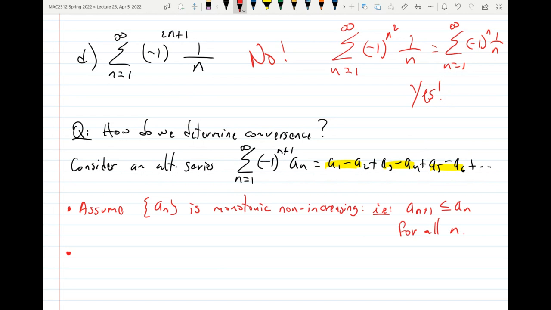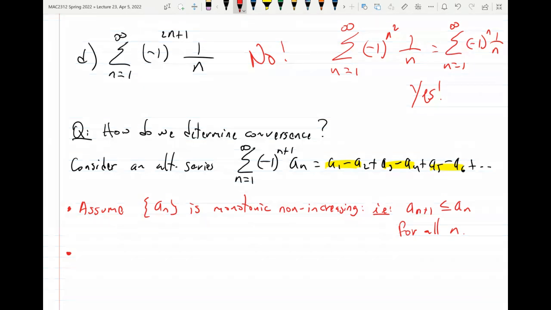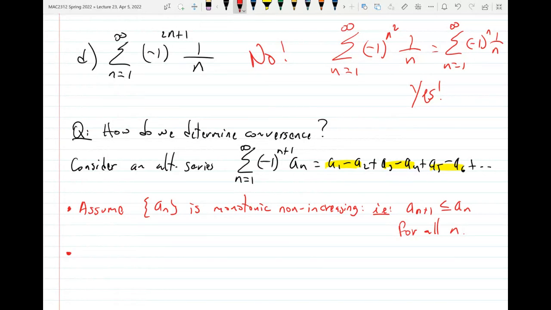What do you think is going to happen if the limit of a_n is a number that's not 0? First of all, if this limit is infinity, then the whole thing will diverge because of the divergence test, right? So let's say the limit of a_n is a number, let's say it's 3 for the sake of argument.